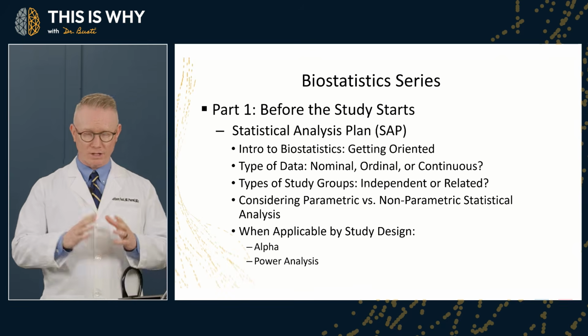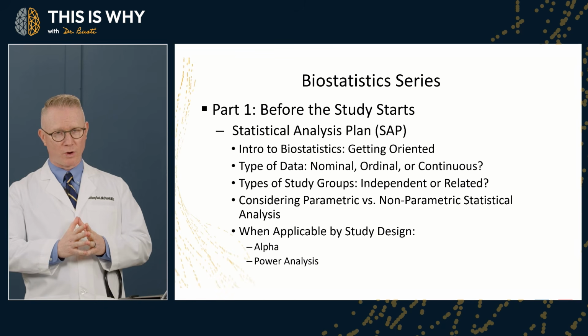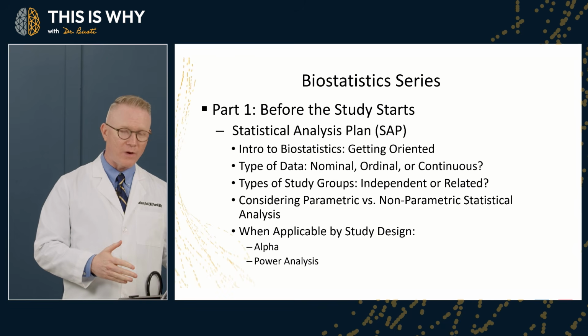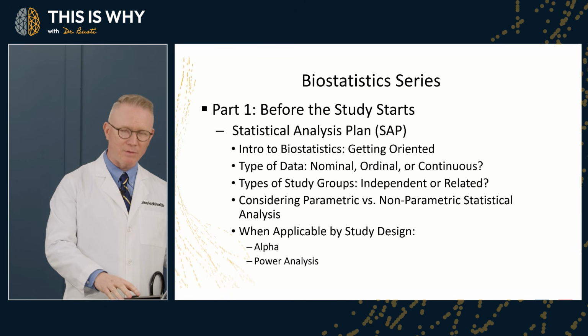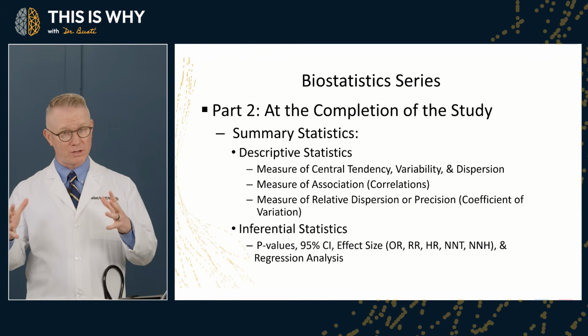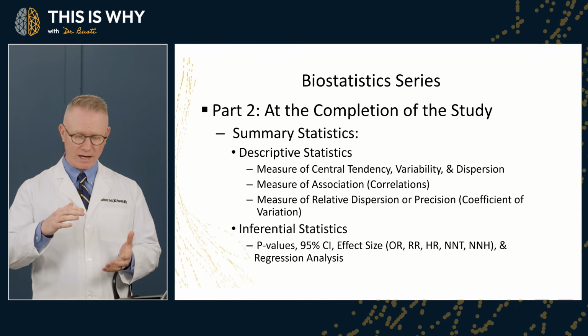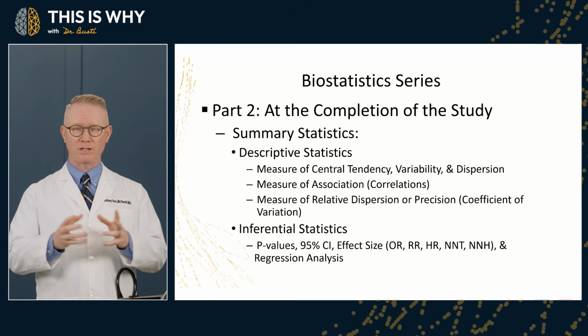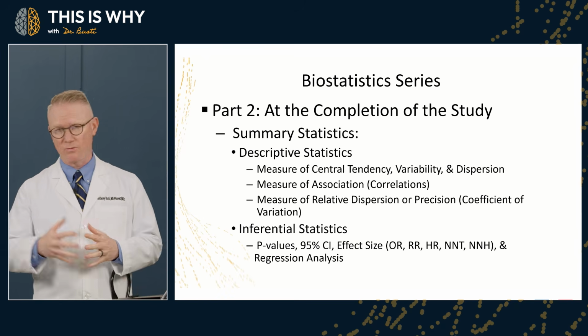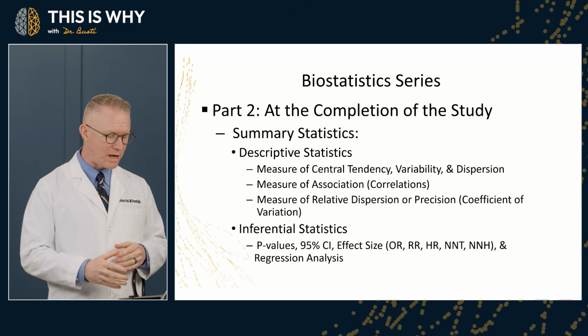Remember, part one, just to keep us oriented, is before the study starts. That's our statistical analysis plan, where we define the groups, the type of data, and what type of statistical analysis we are going to do. And then there's the data understanding of it after we've completed the study. That's our summary statistics, and we have both descriptive and inferential statistical analysis that we do.